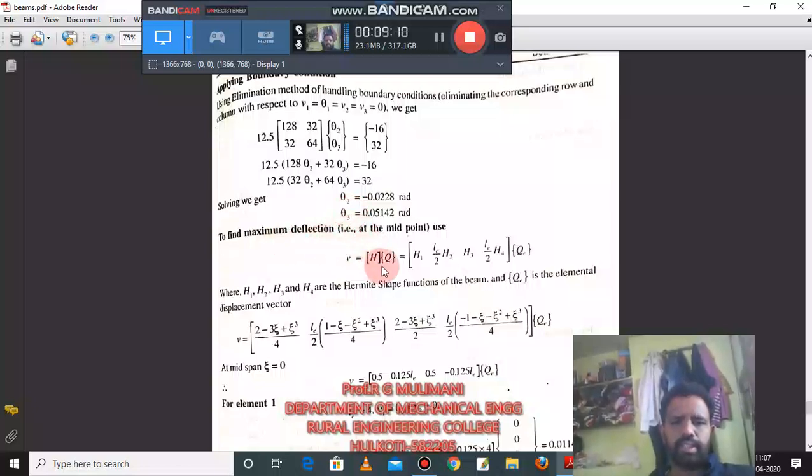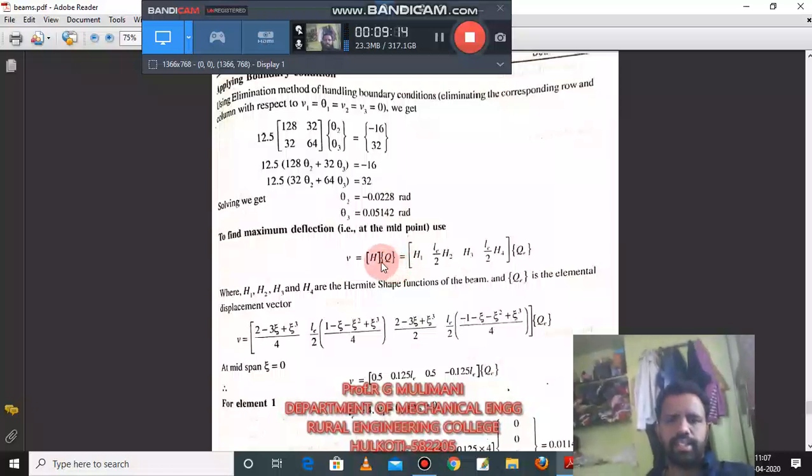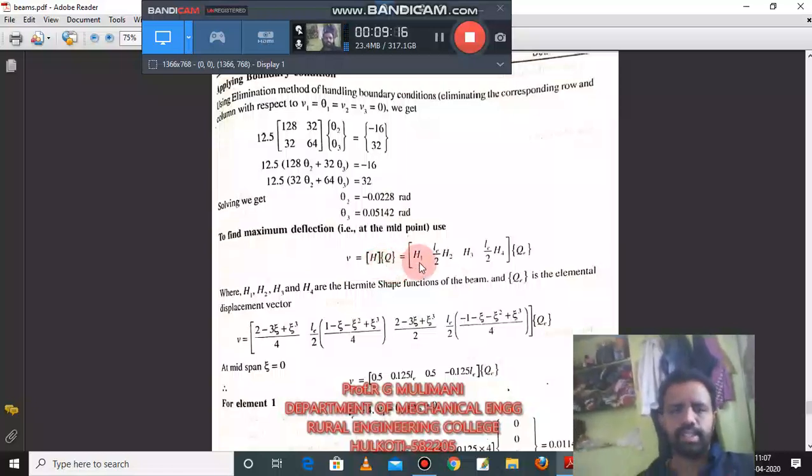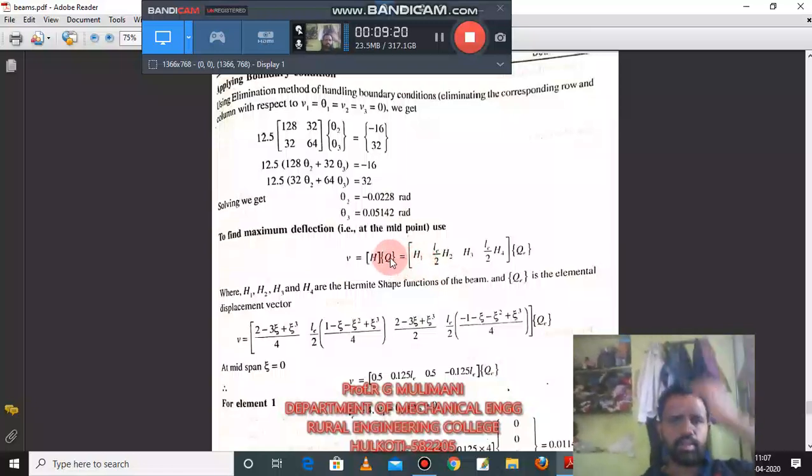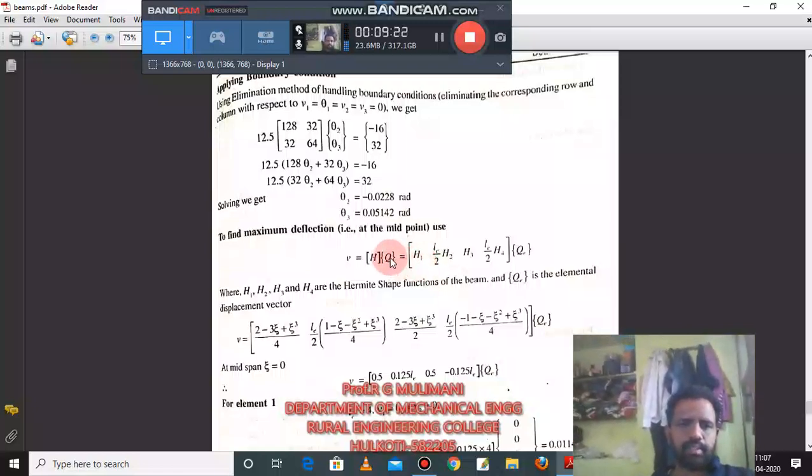And to find the deflection, you use this equation. Okay, V is equal to HQ, where H is the Hermite function. H1, H2, H3, H4 values are derived. Q is the nodal displacement vector. What you are finding here is the maximum deflection at the midpoint. Okay, for element 1, you use H1, H2, H3, H4.